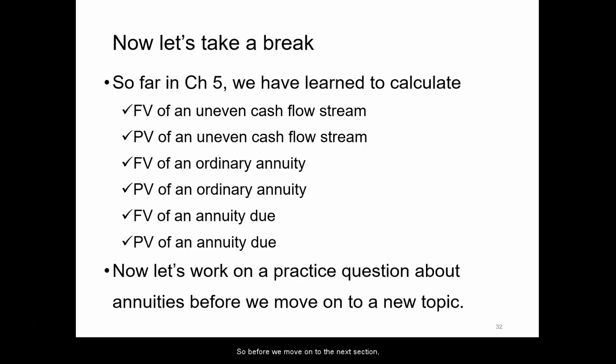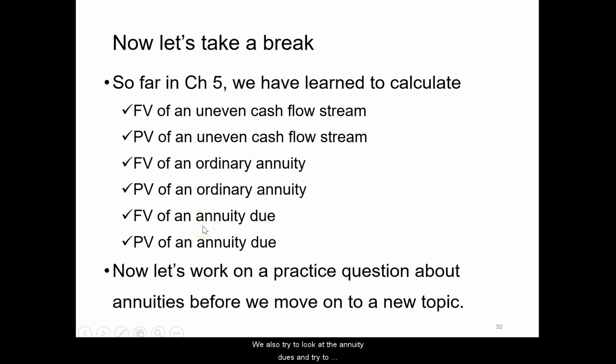Alright, so before we move on to the next section, let's take a break and summarize what we have done so far. So far, we have learned to calculate the present value and future value of a series, or say a string, of uneven cash flows. And then when the cash flow amounts are even, or say equal amounts, that's when we have an annuity. So we calculated the present value and future value of an ordinary annuity.